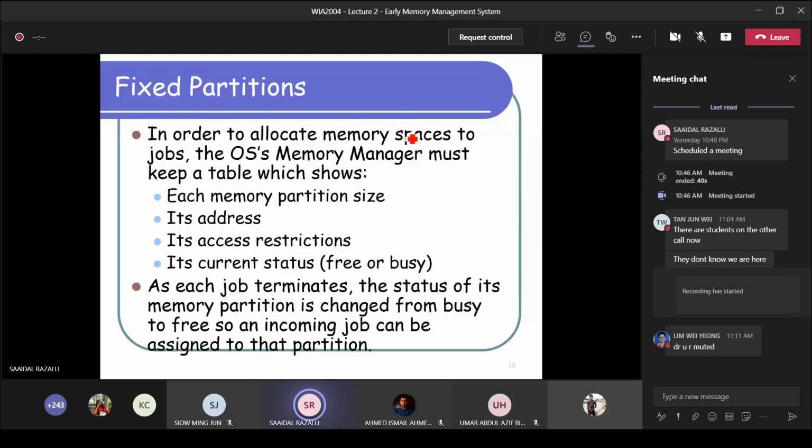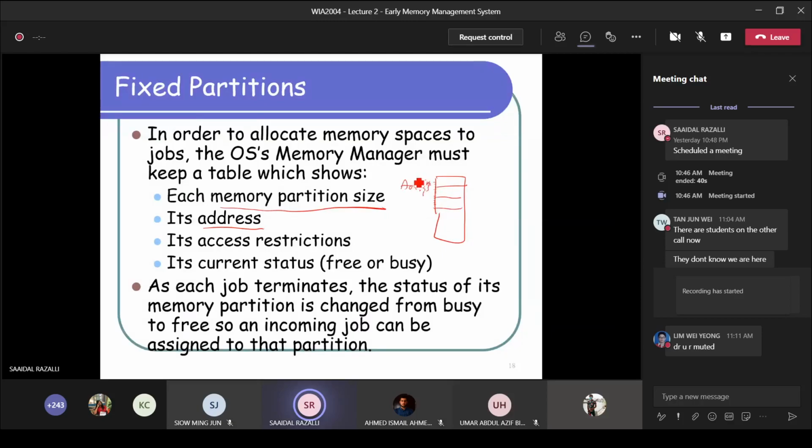In order to allocate memory spaces to jobs, the OS memory manager must keep a table which shows each memory partition size, its address. Each of the lines has an address.